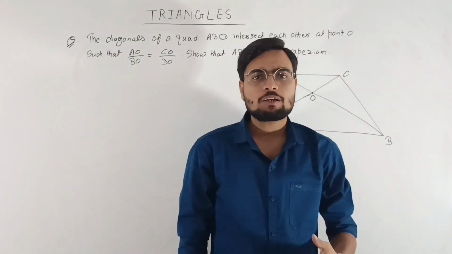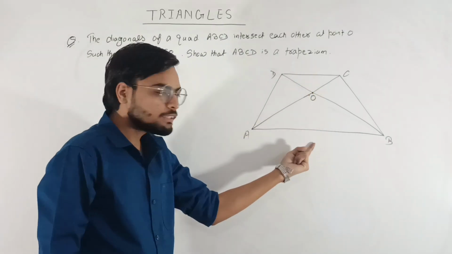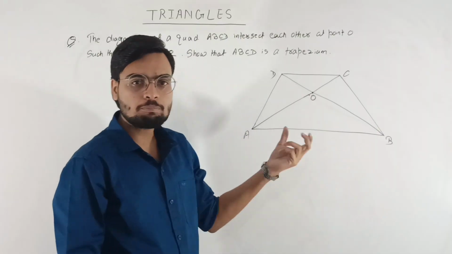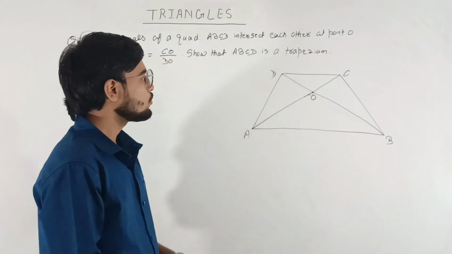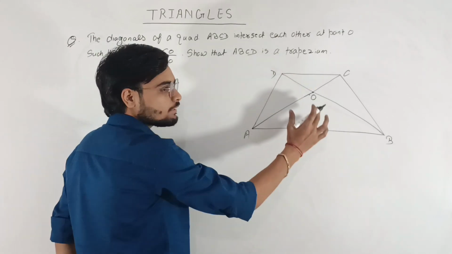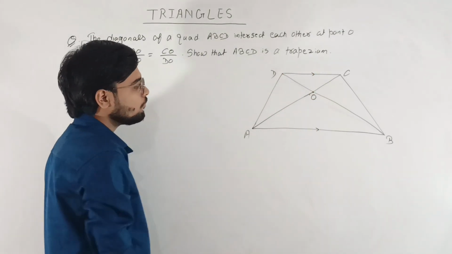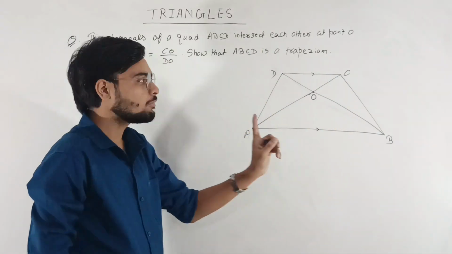Now remember what is the property of a trapezium? When one pair of sides of a quadrilateral are parallel, then we say this quadrilateral is a trapezium. So for proving this is a trapezium, we have to prove that AB is parallel to DC. When we prove AB is parallel to DC, then we say that ABCD is a trapezium.